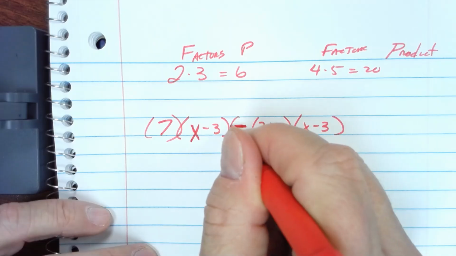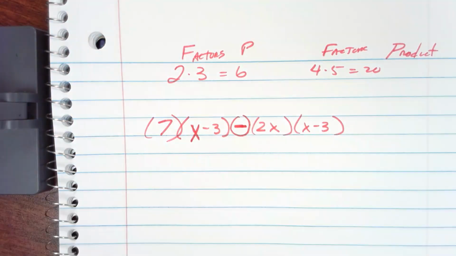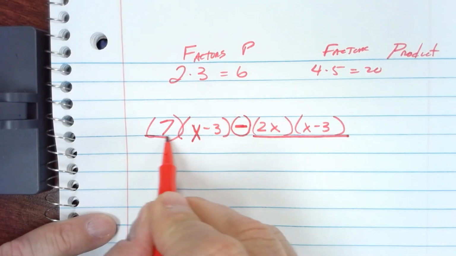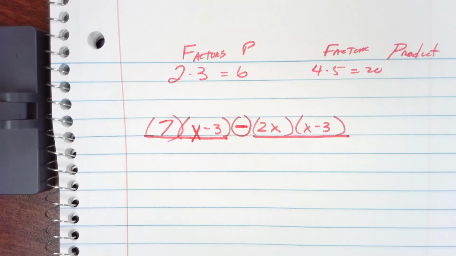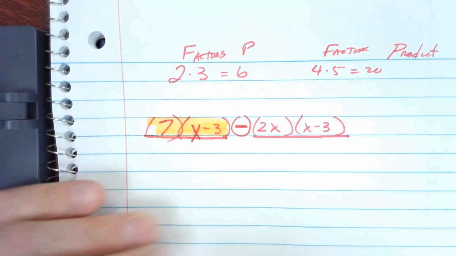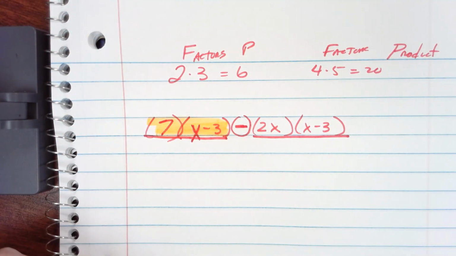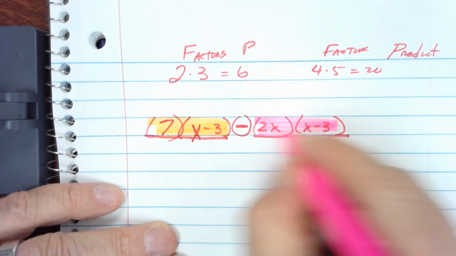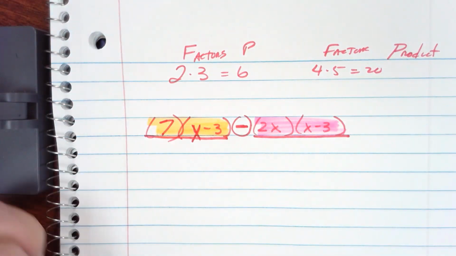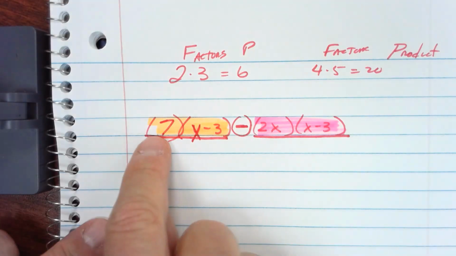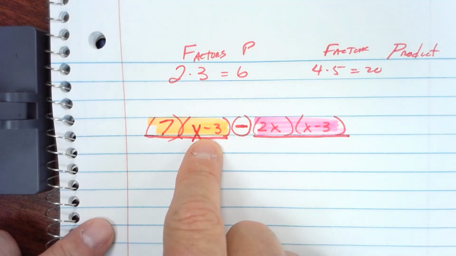This separates two terms, here and here. Now, what I'm asking you to wrap your mind around is the fact that these are two numbers being multiplied together.